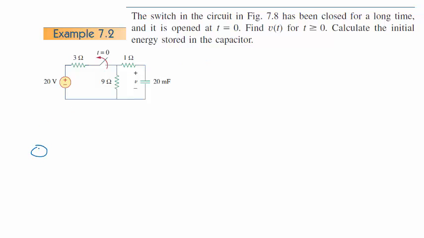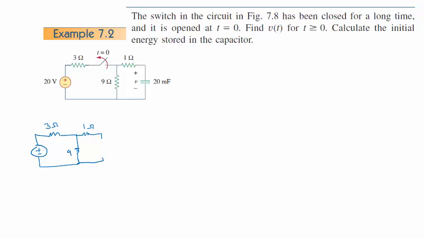So I have this condition right now: the 20 volts, the 3 ohms, the switch is closed, a long time is going by, I have my 9 ohms right here, I have a 1 ohm right here, but it's open right there. The capacitor is no longer charging, and so we just open circuit at that point in time.